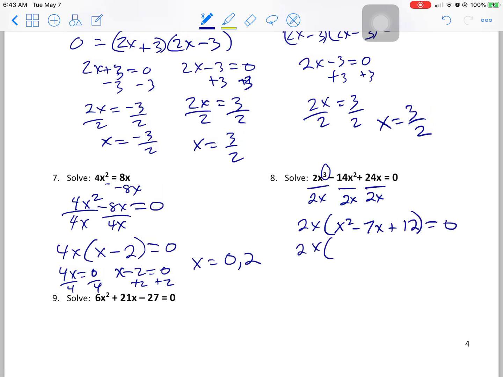Then I need to factor that. Negative and a positive, so these are 2 negatives. Factors of 12 that add up to 7. Set my factors equal to 0.